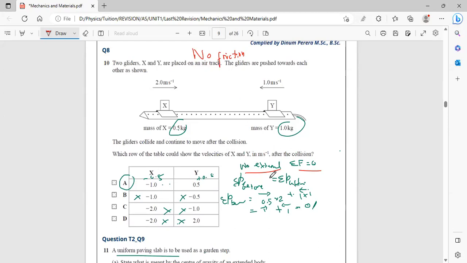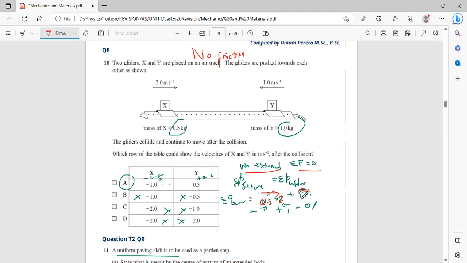So, what's the momentum before collision? The momentum of x is its mass 0.5 times its velocity 2. That acts towards right. So 0.5 times 2 is 1. And the momentum of y is its mass 1 kilogram times its velocity 1, which is 1.